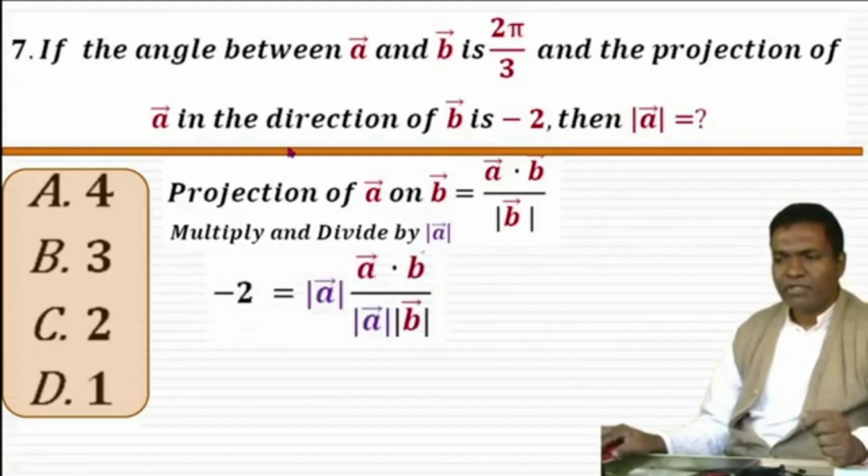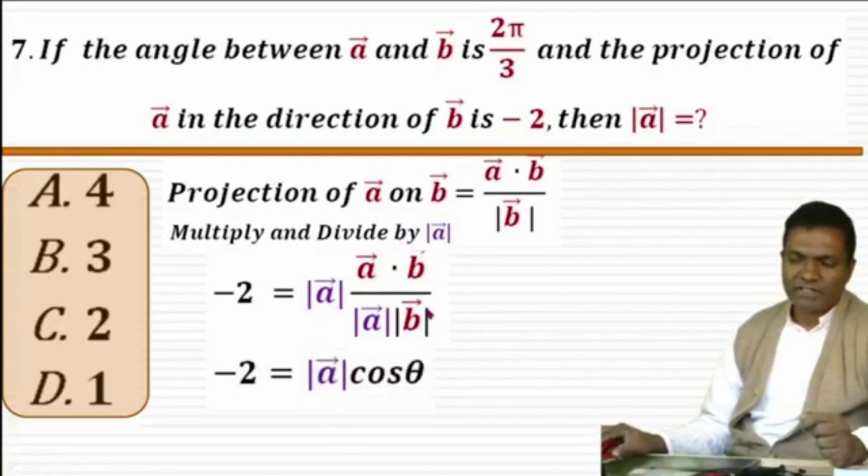And this side, the projection of vector A on vector B is given as minus 2. And here I am multiplying the right side by magnitude of vector A and dividing by the same. Now this turns into cos theta. So minus 2 equals magnitude of A into cos theta.